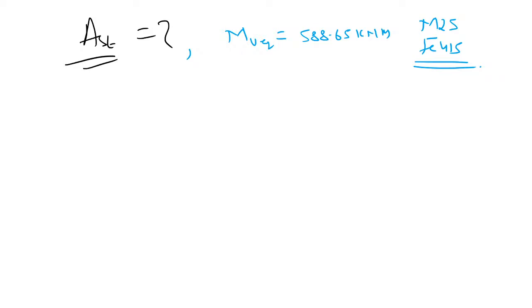First calculate xu by equating your Mu equivalent with the factored bending moment, or the maximum moment of resistance, or simply moment of resistance. From there you will get the value of xu. Now corresponding to this value of xu, you are going to calculate the area of steel, isn't it? Tell me.